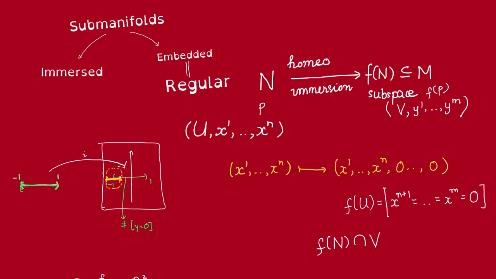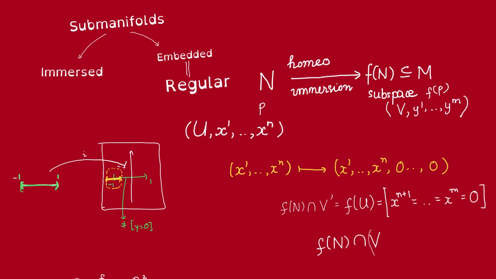Now the idea here is that the map F was supposed to be a homeomorphism into its image, and this image here has subspace topology. So that means if U here is open, then F(U) is open in F(N), and because that's in subspace topology, that means that F(U) must be the intersection of F(N) with some open set of M, V prime.